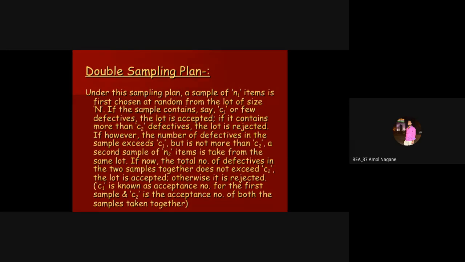If however the number of defectives in the sample exceeds C1 but is not more than C2, a second sample of n2 items is taken from the same lot.